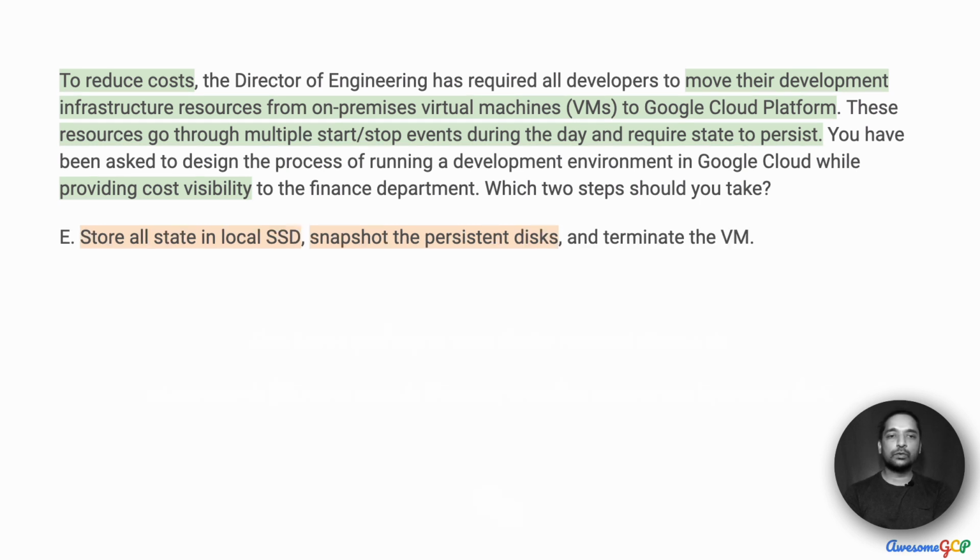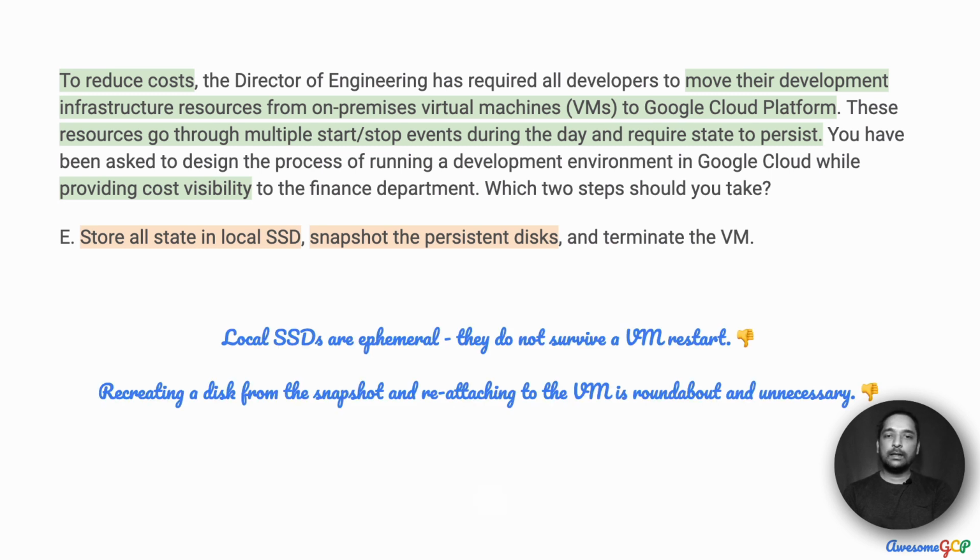Option E suggests store all state in local SSD, then snapshot the persistent disk and terminate the VM. Local SSDs are ephemeral. They do not survive a VM restart. So if you save something to disk and the machine accidentally restarts when you didn't intend it to, you're going to lose all that data.